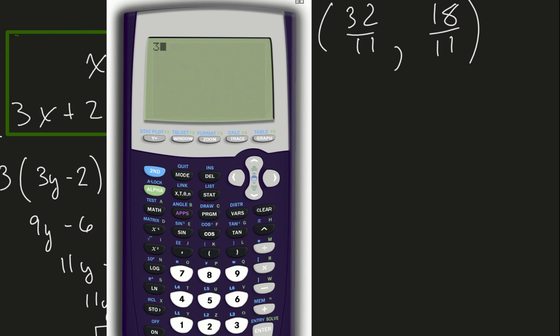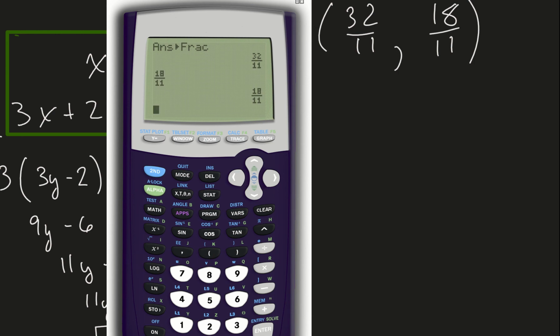So I can take 32 divided by 11, and if I press math, the math button is the upper left, math, and then enter, it converts that to 32/11ths. The other way I can do that is to press alpha y equals and grab the fraction template. So now I'm going to type my numerator, which is 18, and my denominator, which is 11.